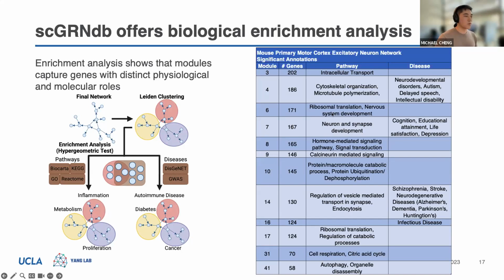Module 7, for example, has an enrichment of genes involved in neuron and synapse development, and has disease gene enrichment for a variety of neurocognitive related traits. We also see calcineurin-mediated signaling and regulation of vesicle-mediated transport in synapses. Again, providing confirmation that the topology of our network has biological meaning and significance.